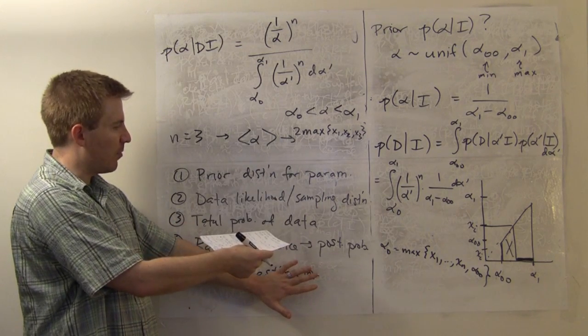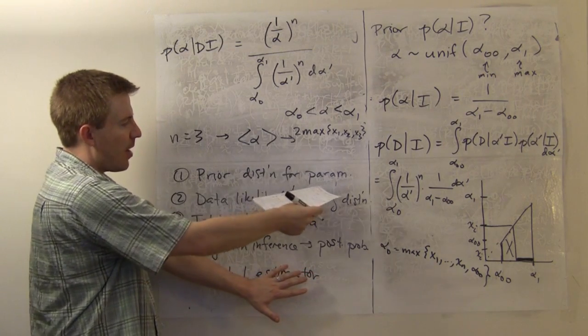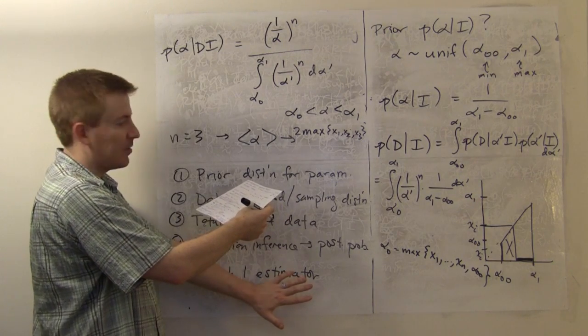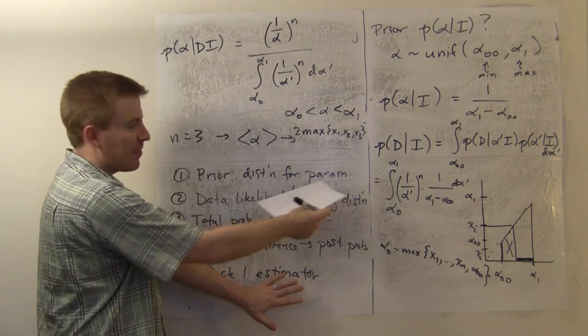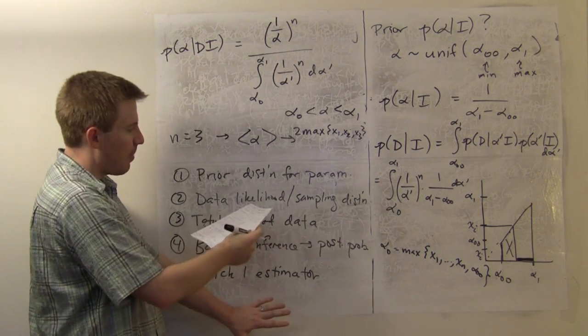Exactly the same way we've done it before in chapter 4, where we're thinking about a class of hypotheses that are just defined by parameters having particular values. So we have priors for those hypotheses, we have sampling distributions for a particular hypothesis.